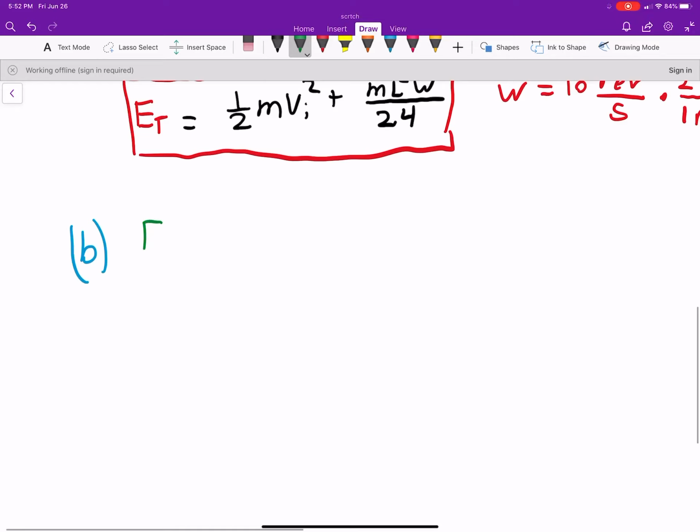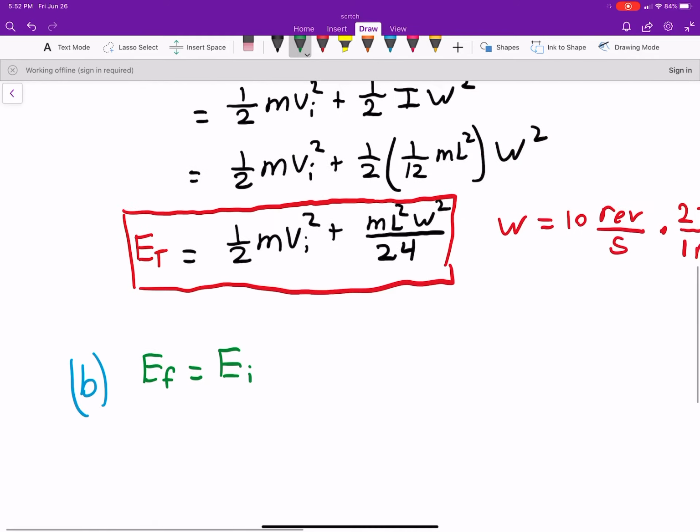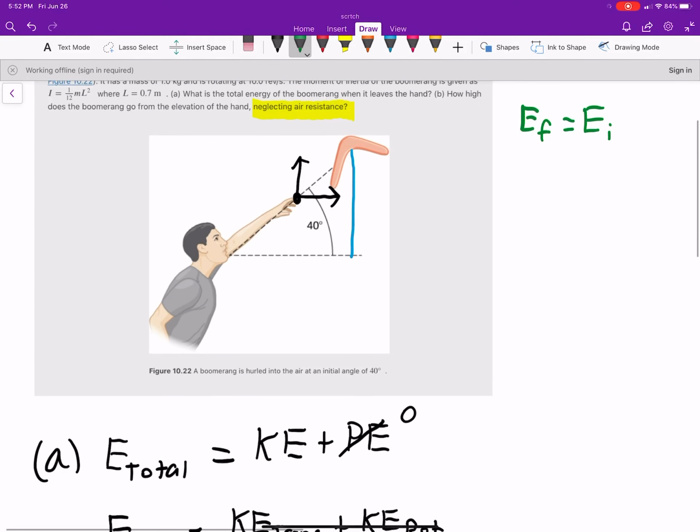So energy final equals energy initial. And at the peak, it's going to move. Well, I guess boomerangs come back, but regardless, it doesn't really matter. The point is, this is going to be our height y, and the only velocity it's going to have is in the x direction.